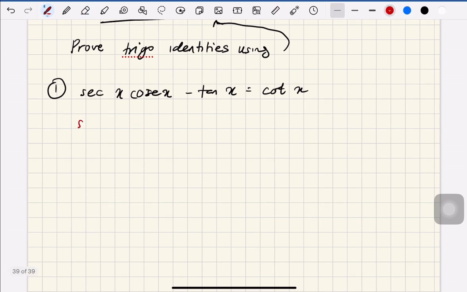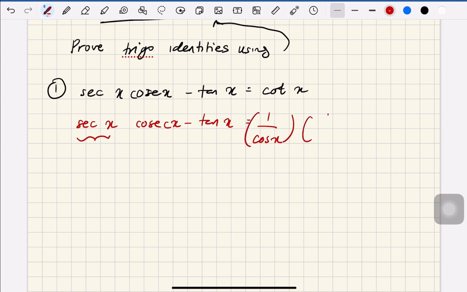Okay, so secant x cosecant x minus tangent x is equal to, first thing, look at secant x, this is from the reciprocal family, so 1 over cos x, cosecant is 1 over sin x, minus tangent x. Now, tangent x we always change to sin and cosine.